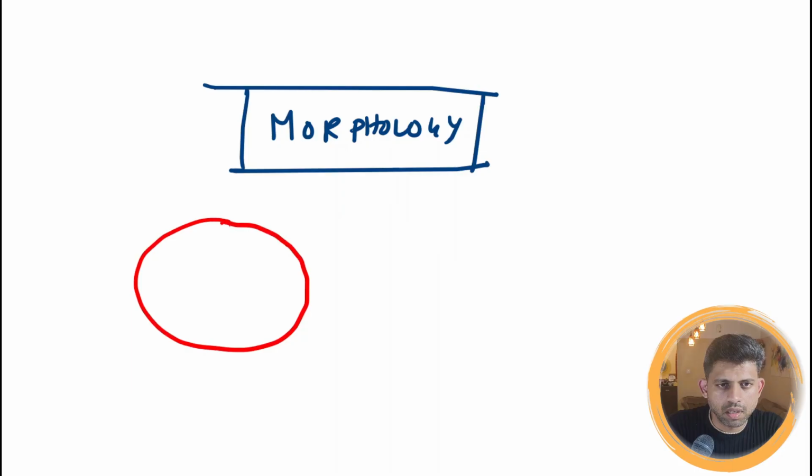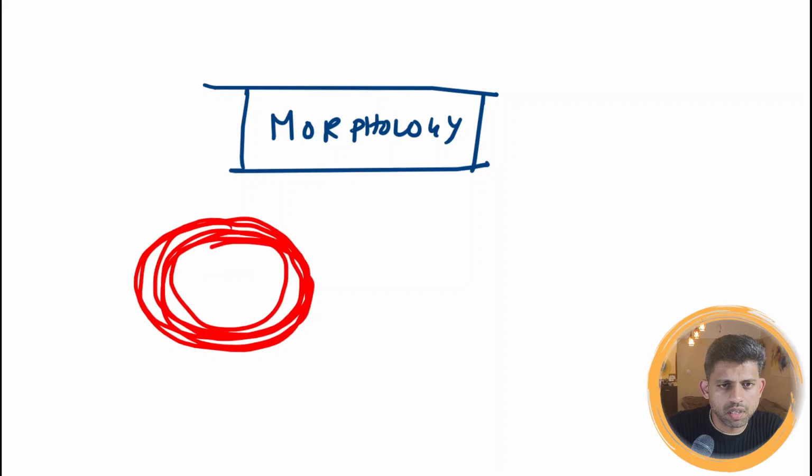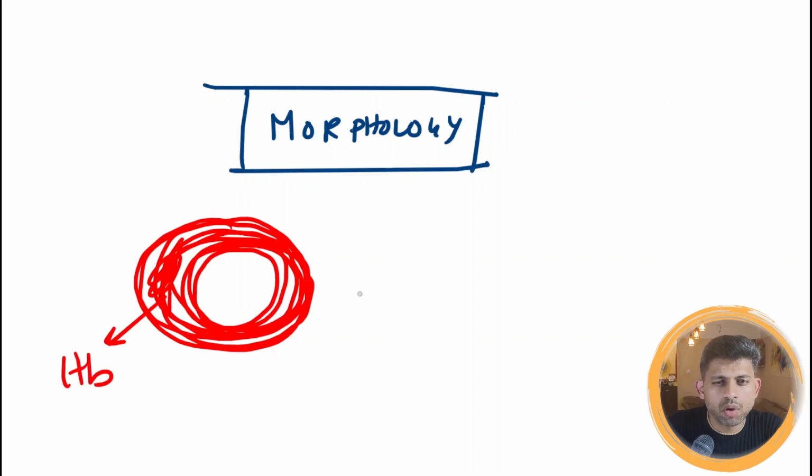Now let's look at the morphology. RBC contains hemoglobin, and hemoglobin forms the major bulk of the cytoplasm. If hemoglobin reduces, size of RBCs reduce.